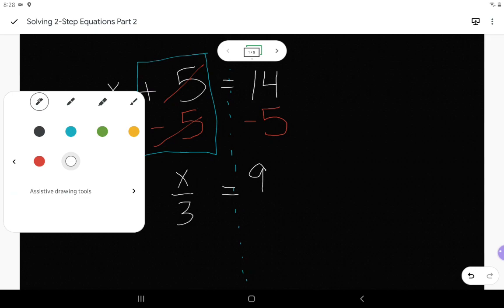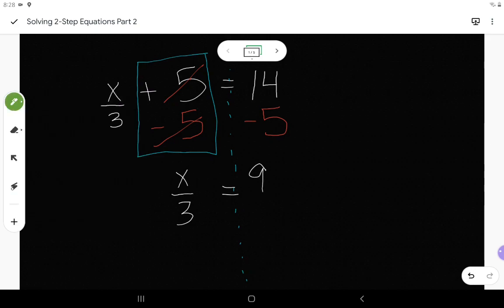To finish, I now need to get rid of that 3 that's attached to the x. It says x is being divided by 3. The opposite of dividing by 3 would be to multiply by 3. So I can just put the 3 next to it.